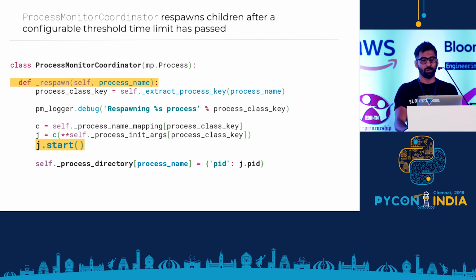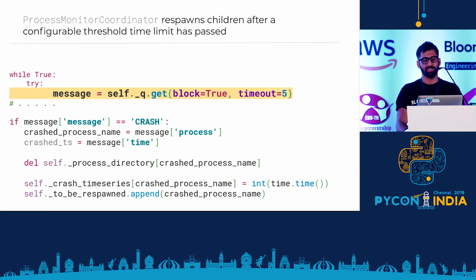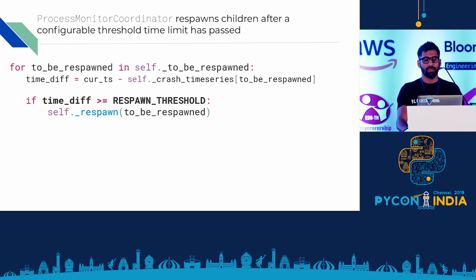I respawn child processes also if they have crashed. So this is the respawn logic. Ideally, I'm just getting the process initialization arguments from a registry, and I'm starting it. There is a certain time limit which is configurable. You can check it out later on in the code base.